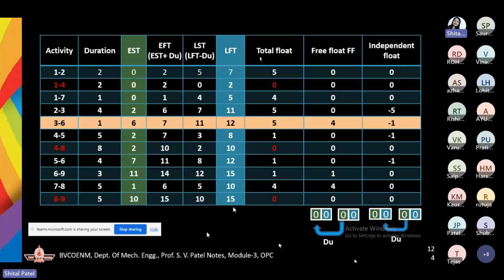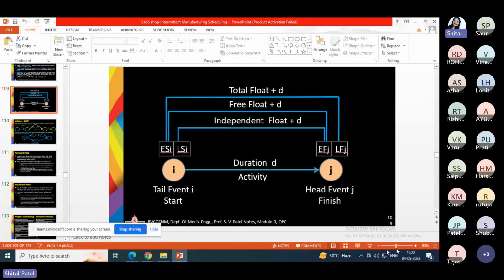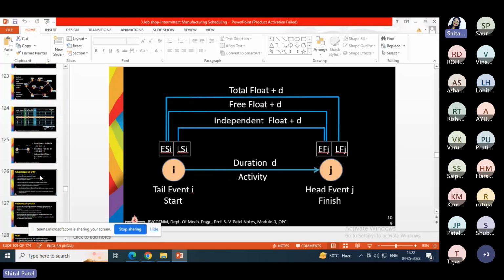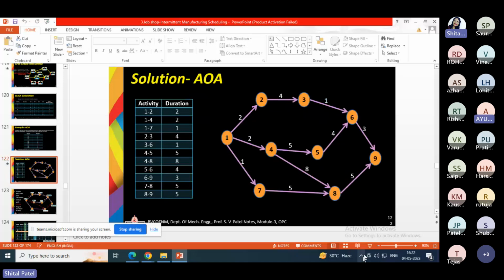If you remember, in this slide I have mentioned what float is, right? And slack is a very general terminology for the deduction or addition of the EST, LST, EFT and LFT. Okay, just go through this slide, you'll get the picture clear. Okay, so I was here in this slide.